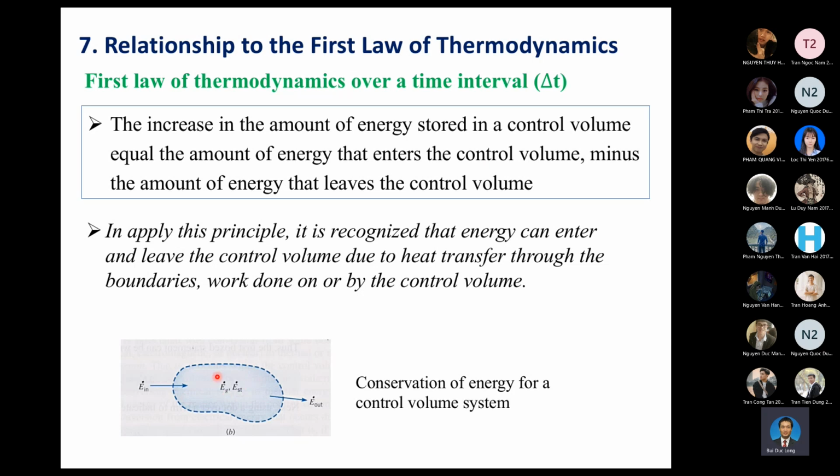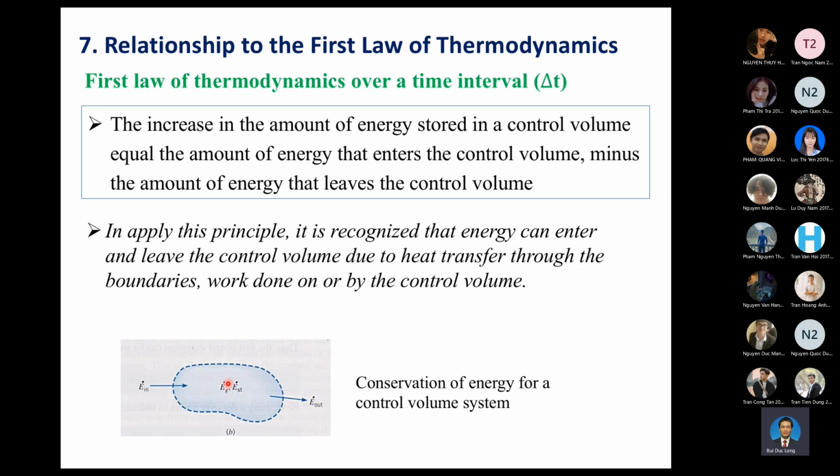Here you have a control volume, and here is the rate of energy in, E dot in. Inside the system we have E dot generated. It means the energy is generated by the system.